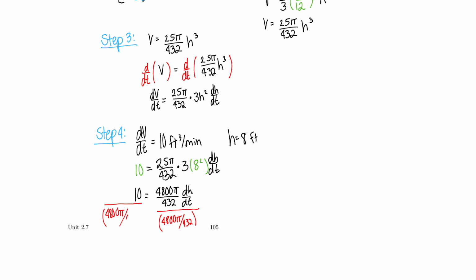It's the same thing. So you're going to get dh/dt is equal to 10 times 432 over 4,800 pi.